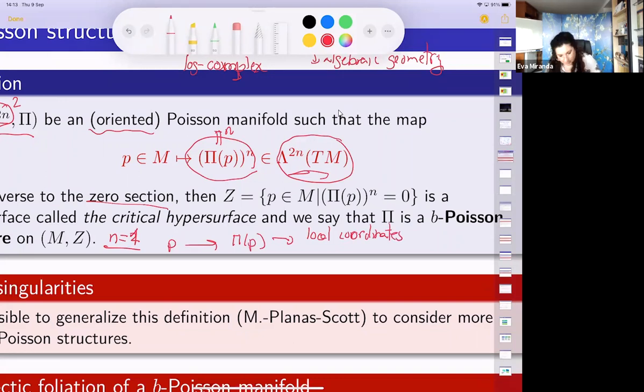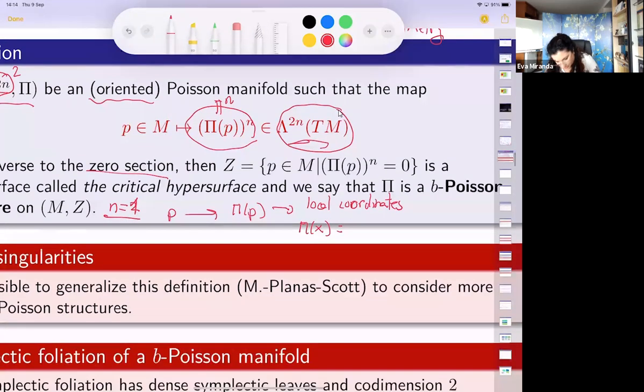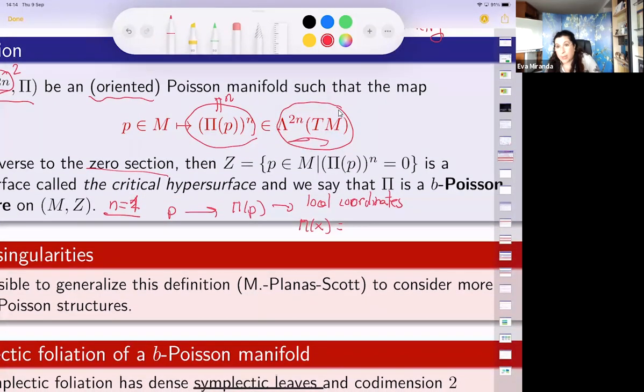Then what I obtain in dimension 2 is, in some local coordinates, some function of x1 and x2 times partial x1 wedge partial x2. That's pi of x.